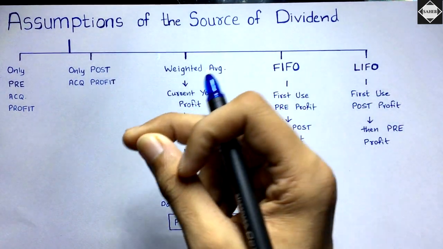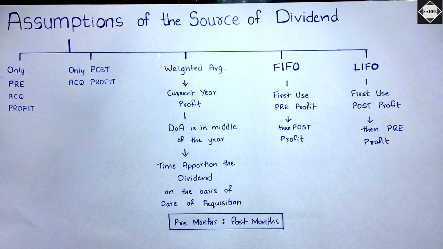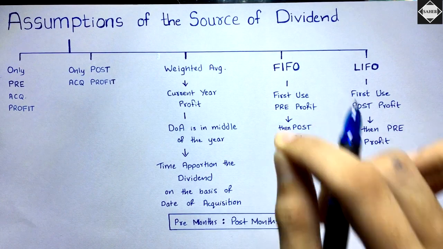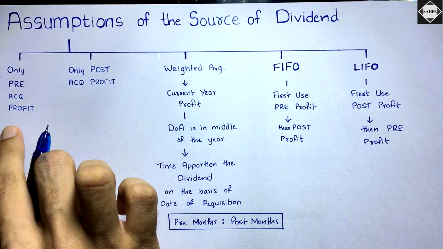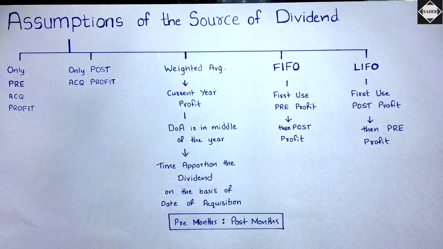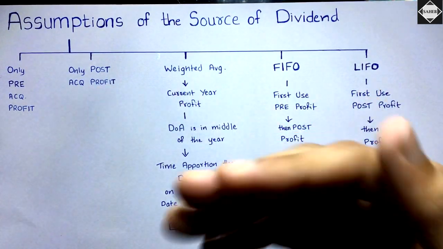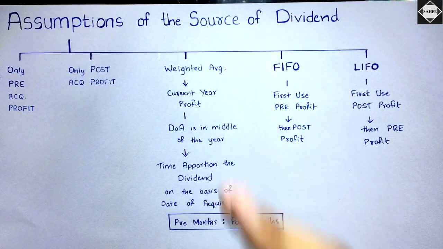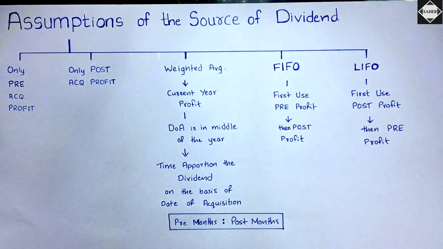We saw one question where the date of acquisition was equal to the date of consolidation. At that time the question was exactly giving you the hint that you have to choose the assumption of only pre-acquisition profit, because there was no post-acquisition profit. So all these other assumptions are nullified. The date of acquisition is equal to the date of consolidation and you got the dividend on the same day.